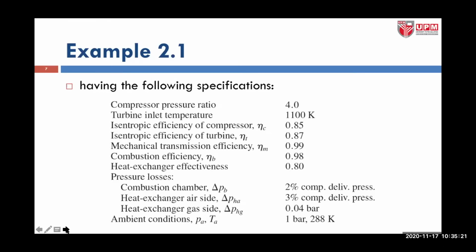So those are the parameters, the specification for the heat exchange cycle.